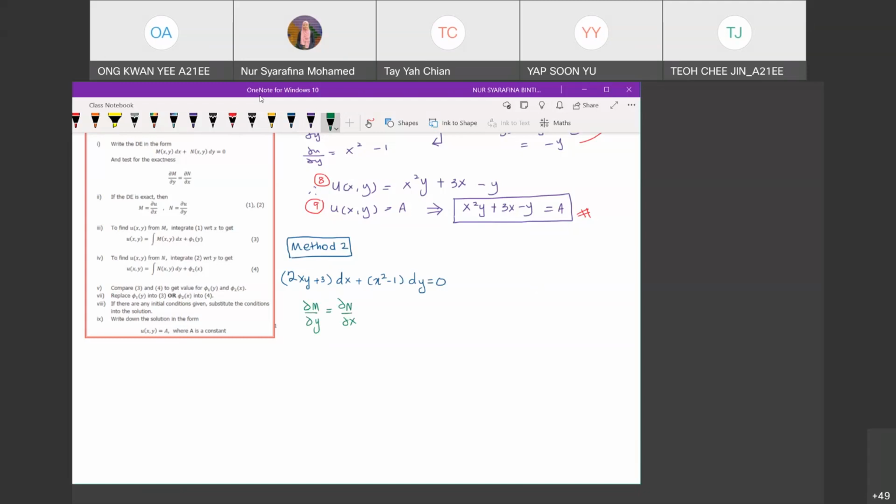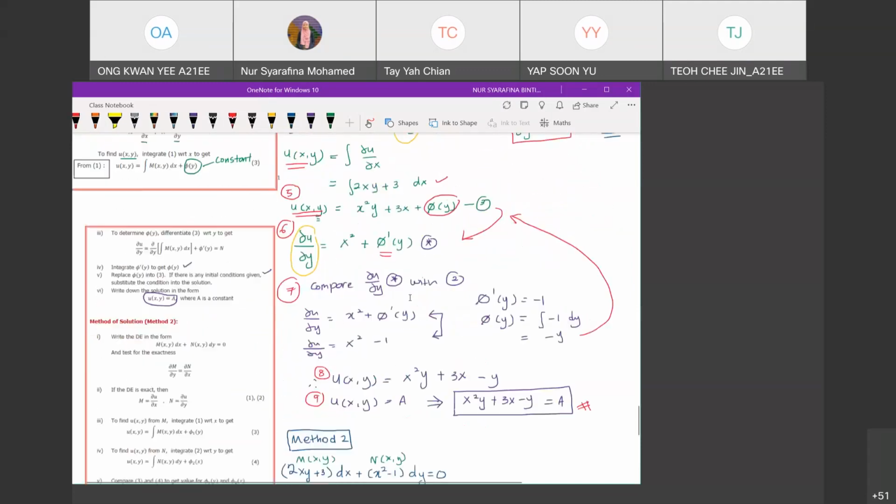So now this is your m, and this is your n. This is your first step, exactness. Once it is proven, then you can say that your m equals del u del x, and your n equals del u del y, same process as the previous one.